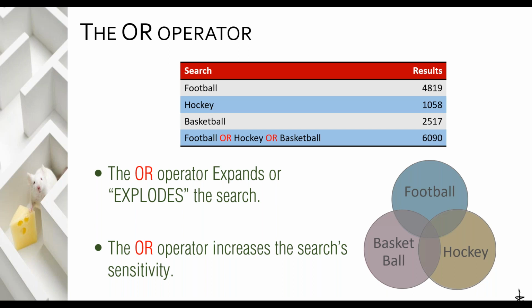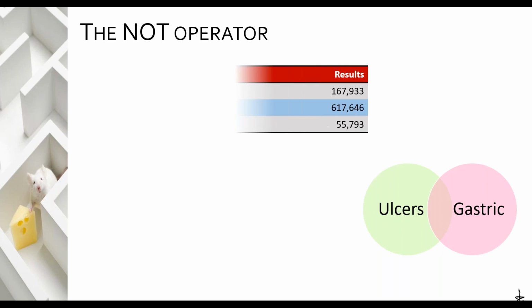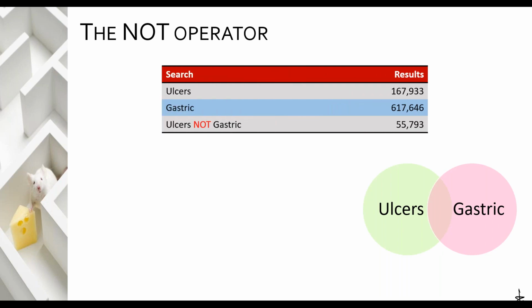Okay, it takes into account those that play basketball as well as football as well as hockey. Now, if I use the NOT operator, the NOT operator excludes stuff. So it focuses your search instead of exploding it. It does the opposite to what the OR operator does.